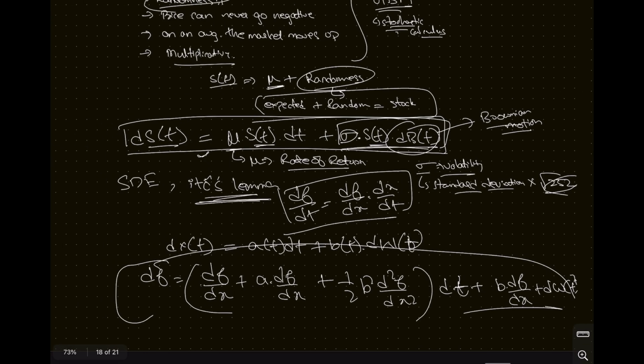Before that, let's keep in mind our general equation, dS of t equals mu S of t dt plus sigma S of t dW of t. It is multiplicative, as we've discussed before.